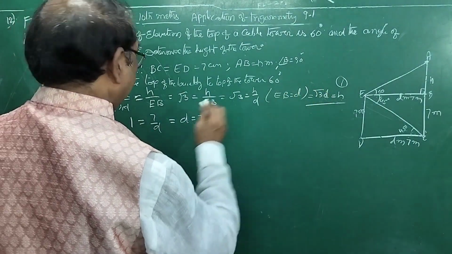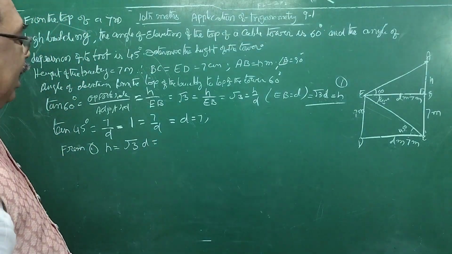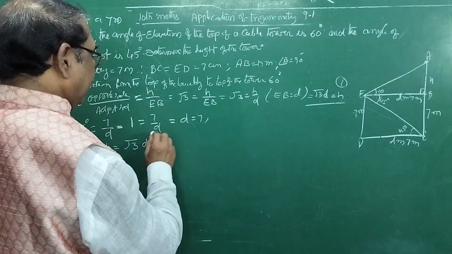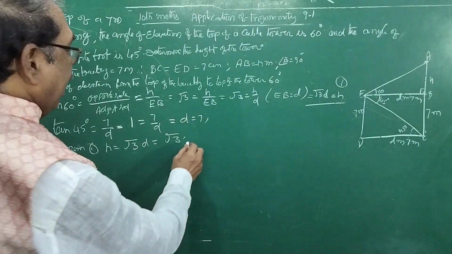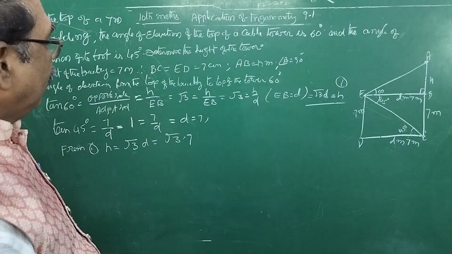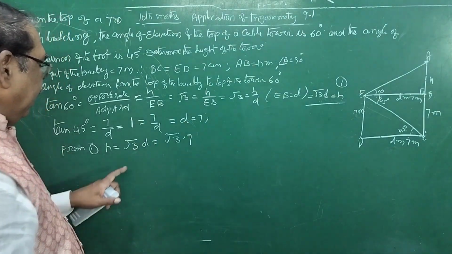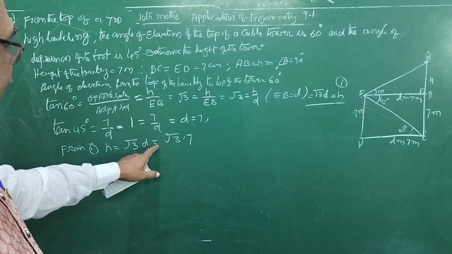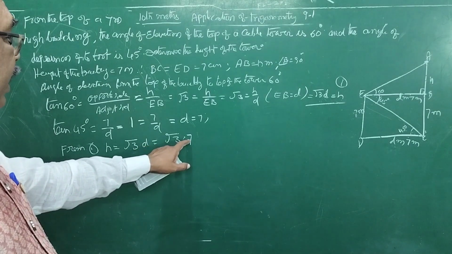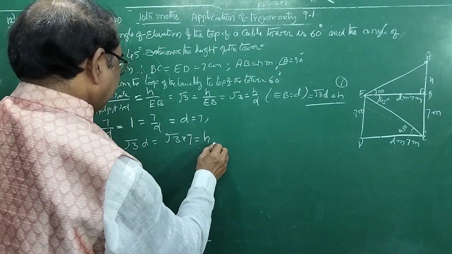H is equal to root 3 D. Root 3 D means root 3 into D, and D is 7. So H is equal to root 3 into 7. It is the H. H is equal to this much.